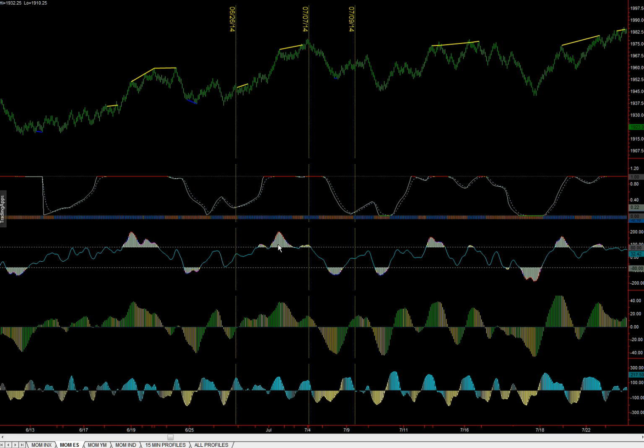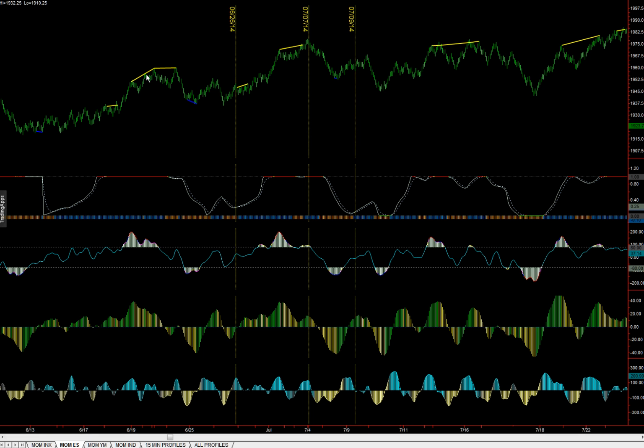In the secondary indicator in subgraph 3, this is used particularly to identify a divergence. On both the top and the bottom of the bars, we have a specialized indicator that identifies where there is a divergence.